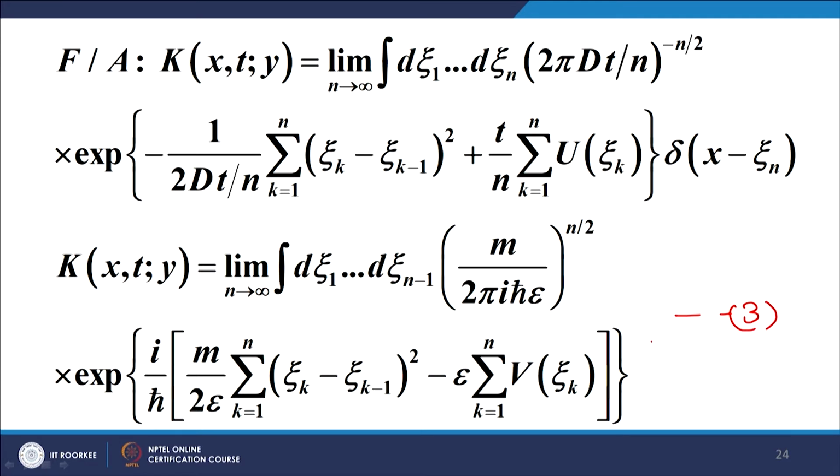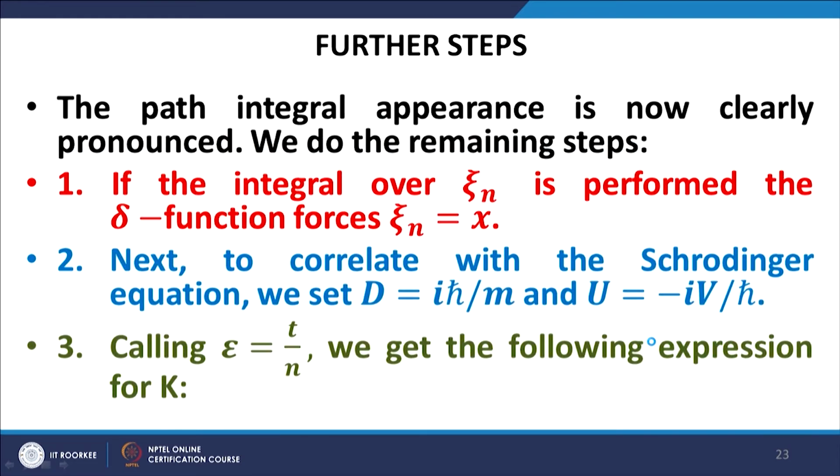This is what we have after making all those substitutions, after taking care of whatever I have mentioned in this slide, and doing the delta integration, putting the values of D and u in terms of their corresponding values in the Schrodinger equation, and writing epsilon equal to t by n for brevity.